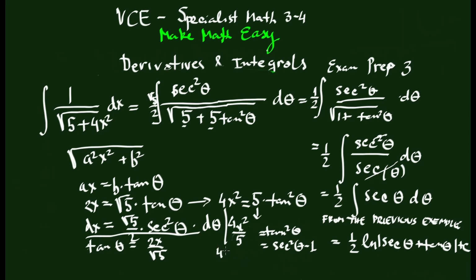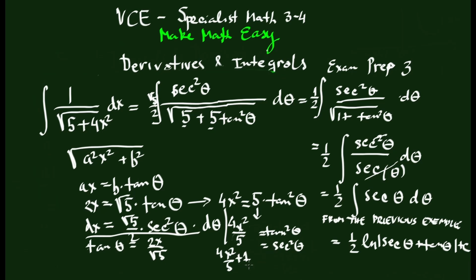So secant squared of theta is going to become 4x squared divided by 5 plus 1, sorry, plus 1, because it was minus on the other side.